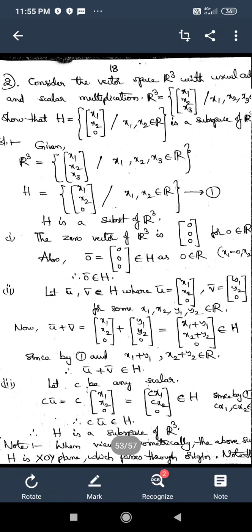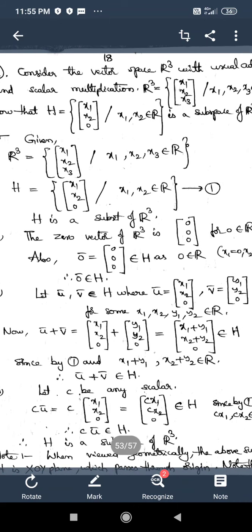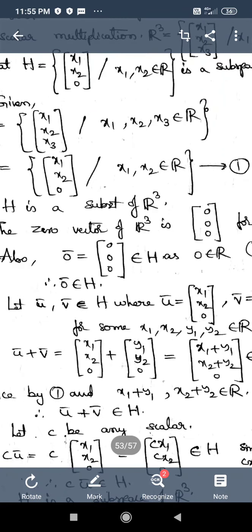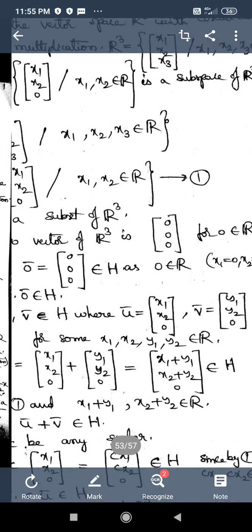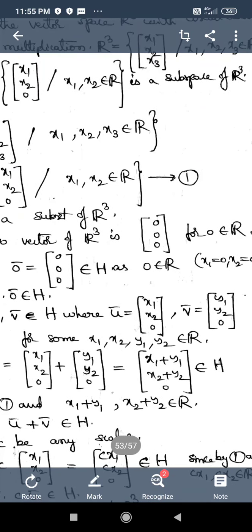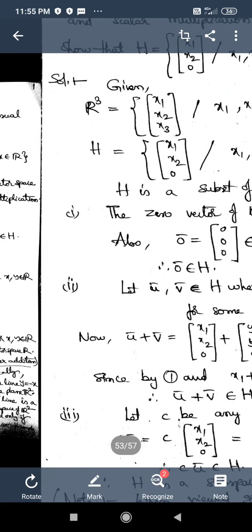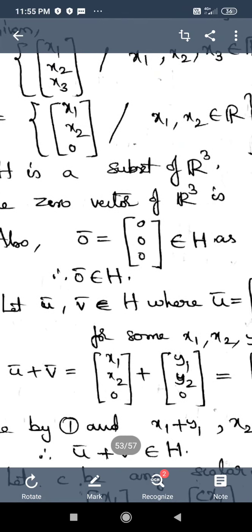To verify the first condition, the zero vector of R3, as we know, is 0 bar, which is given by the column vector 0, 0, 0, where 0 belongs to R, the real number 0. So also we can say that 0 bar, equal to 0, 0, 0, belongs to H, for the reason that the third entry in this column vector is 0 and the first two entries can be any real number.